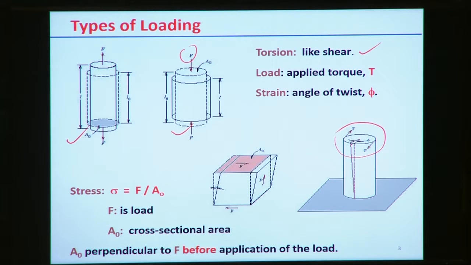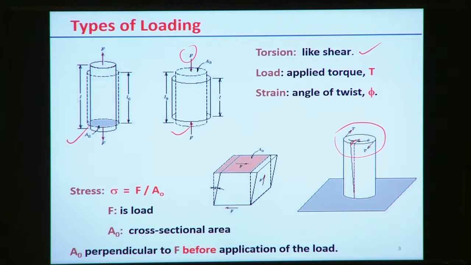The angle of twist is measured from the initial position to the final deformation, the angle between one radial line and its deformed position over the circumference, and we measure that by the angle of twist phi. So that is also a measure of the strain in this case.